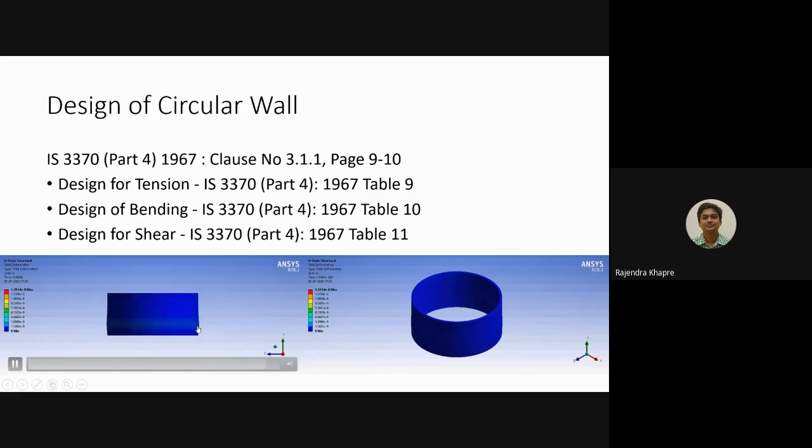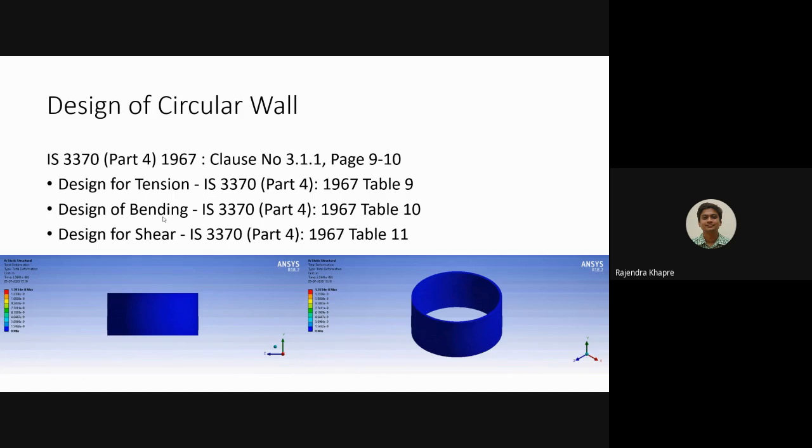And lastly it will be subjected to shear because horizontal pressure is there. So we have to design this wall for bending, shear, as well as tension. For this purpose, we use the design tables given in IS 3370 part 4, as per clause 3.1.1, page 9 up to page 10.